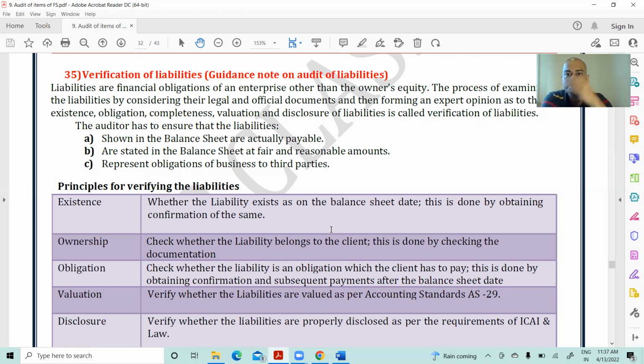utilization of money. Say, for example, X Limited borrowed 100 crores from State Bank of India. For what purpose the amount is borrowed and utilized, that also you need to verify. Even in CARO 2020 and CARO 2016, you see end use of money.